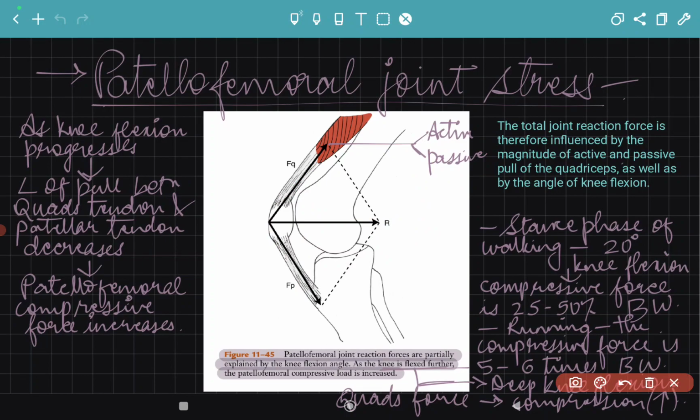Now, as the knee flexion progresses, the angle of pull between the quadriceps tendon and patellar tendon decreases, and due to that the patellofemoral compressive force increases. So as this goes beyond, there will be more posterior compressive force on the patella.